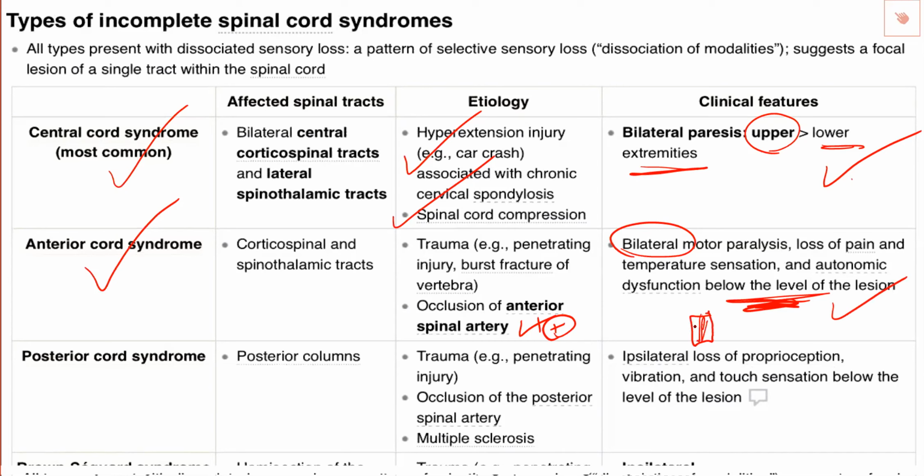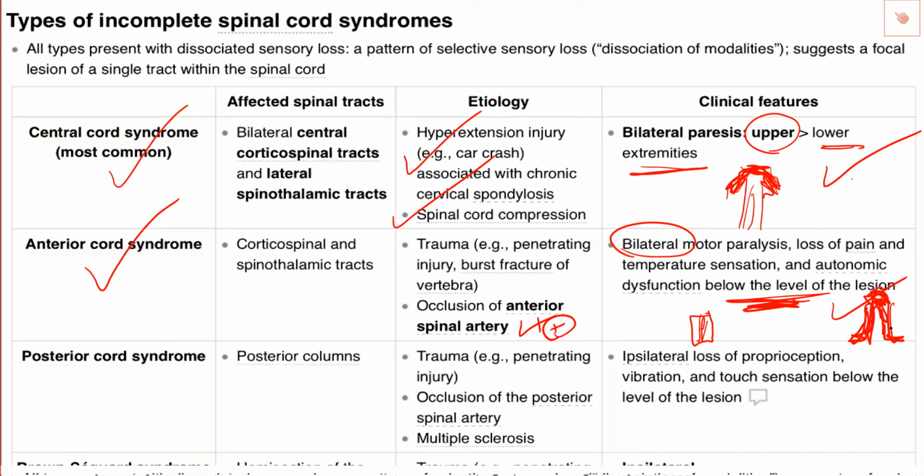The lesion here is jacket. Here the affection will be like this, like trousers affection.